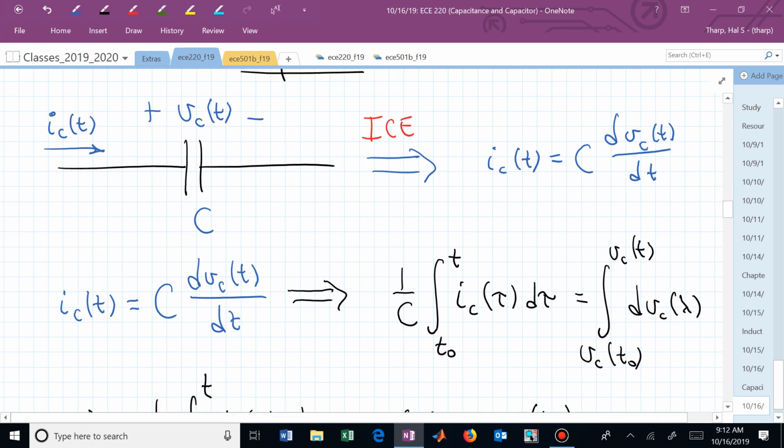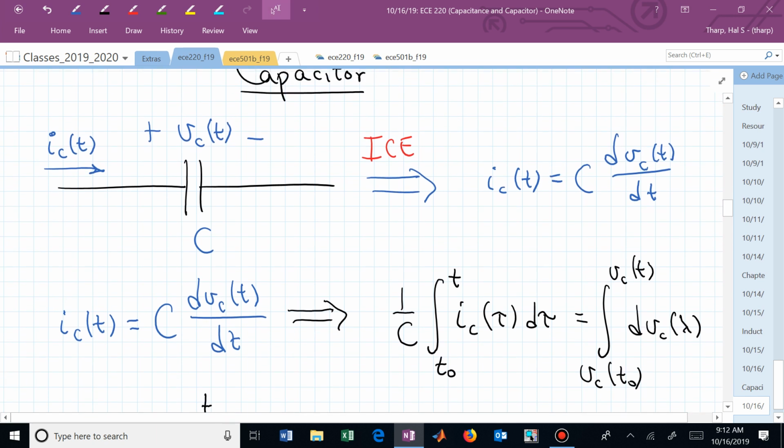We can then do the antiderivative if we want to now write an equation for voltage in terms of current.